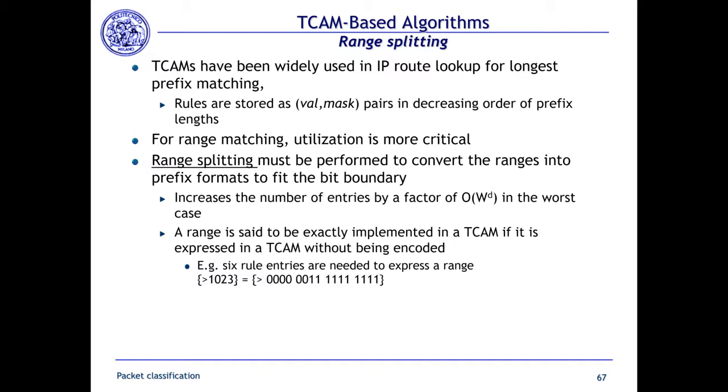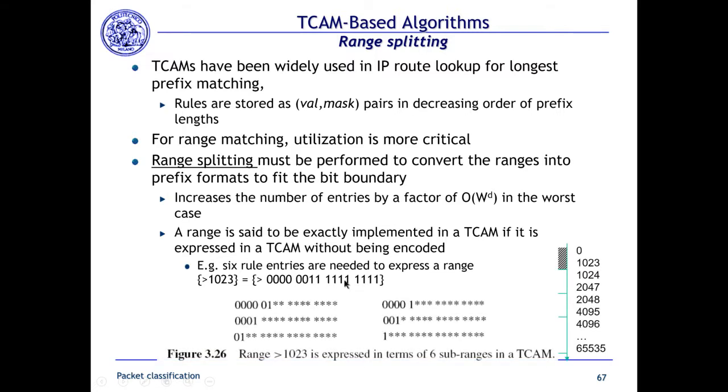So for example, let's take this range here, which is typically applied to the 4-port number field. For example, this range is: the number is greater than 1023. That in binary means that the number is greater than this binary number.